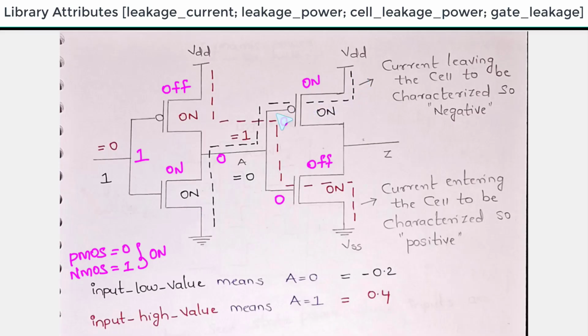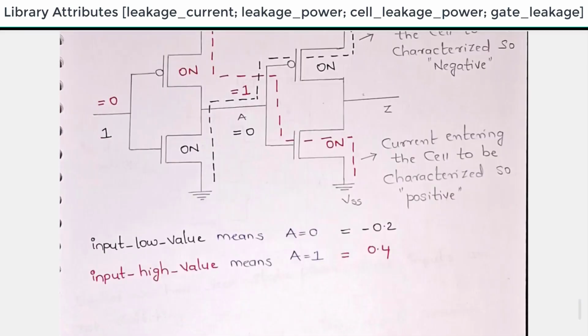So here if you see, the current is coming out of the cell to be characterized. This is a cell that I am characterizing, and here the current is coming out of the transistor. So here current leaving the cell to be characterized should be treated as negative. So this is the meaning of current entering and current coming out of the cell to be characterized. So input low value means 0, input high value means 1. It depends upon the potential that we are taking.